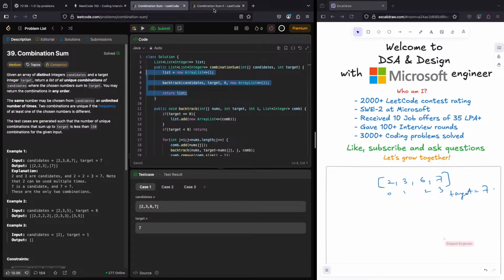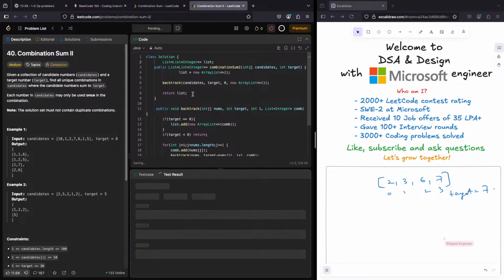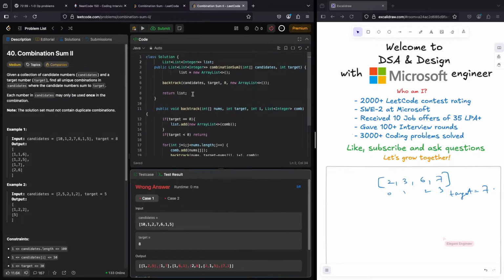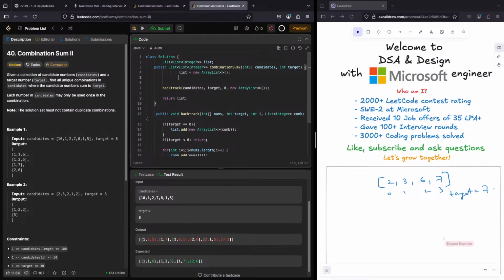But still, we'll give it a try. It should not contain duplicate, dot sort, target.